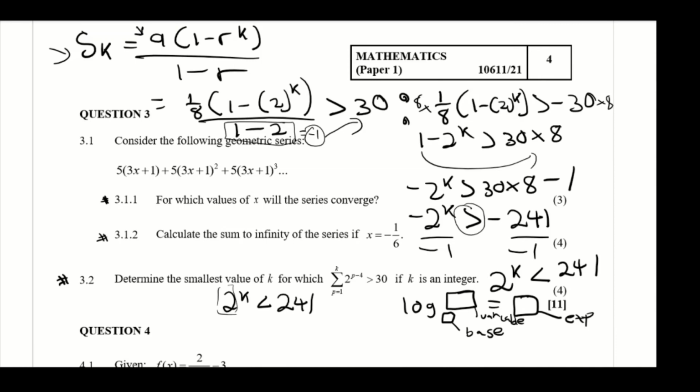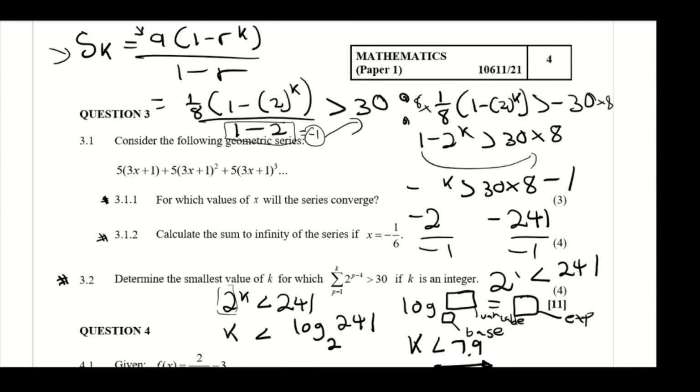So our exponent k is less than log base 2 of 241, just like that. So you're going to punch your calculator, and you're going to get k less than 7.9. So this would be the answer that you're going to get.